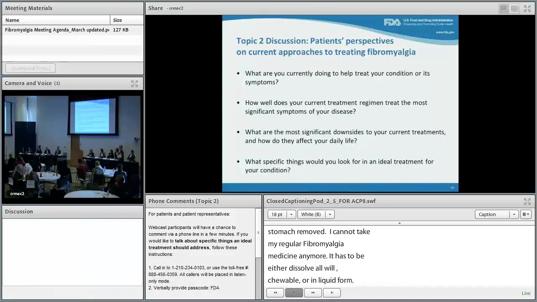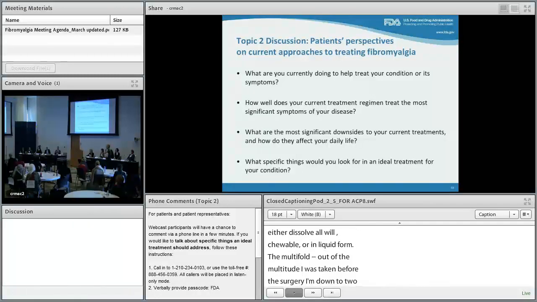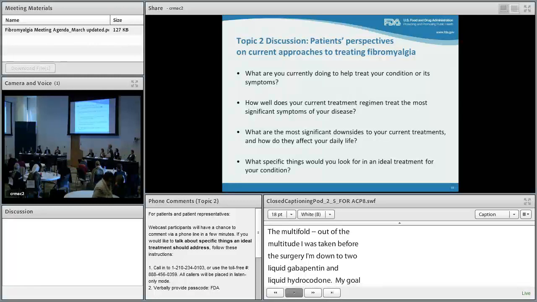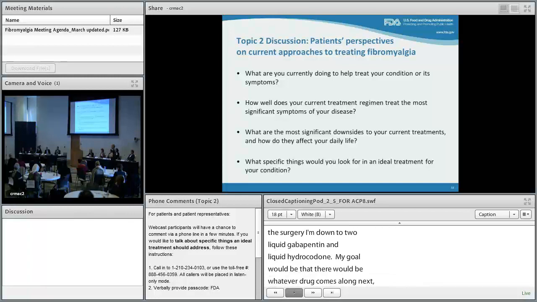So out of the multitude that I was taking before my surgery, I'm down to 2, liquid gabapentin and liquid hydrocodone. So my goal would be that whatever drug comes along next, it would be either chewable, dissolvable, or in liquid form.